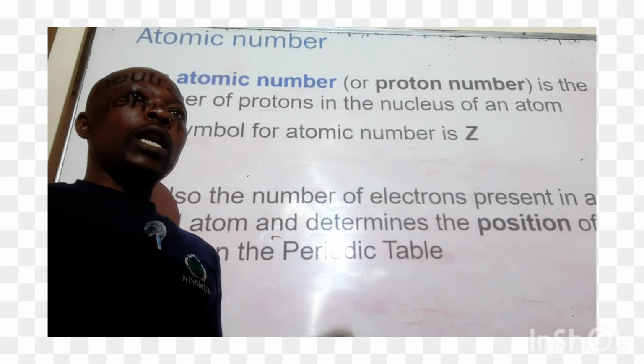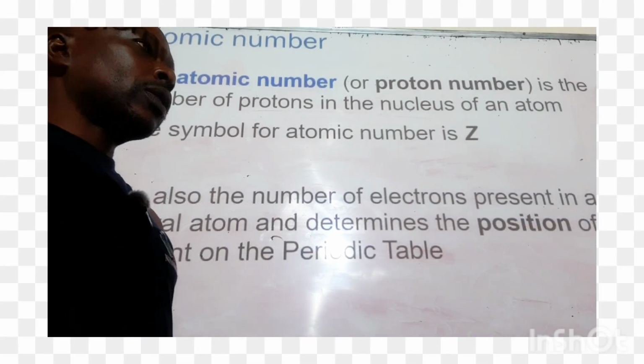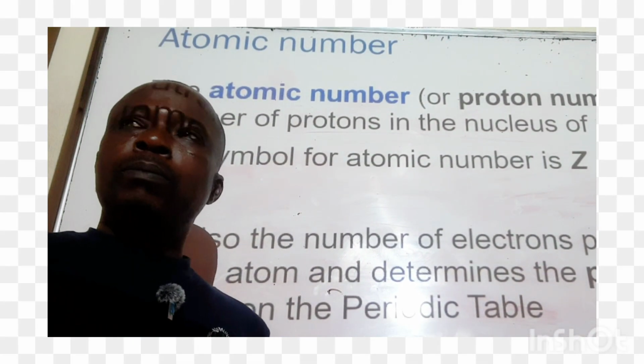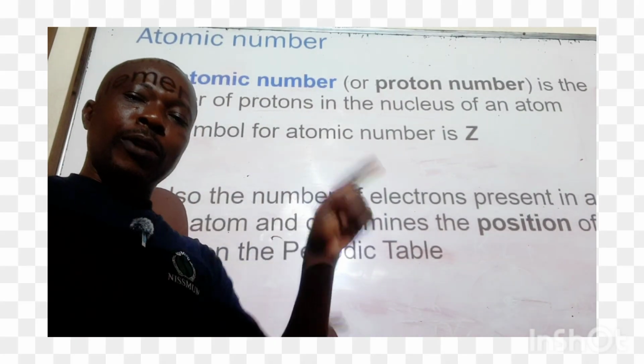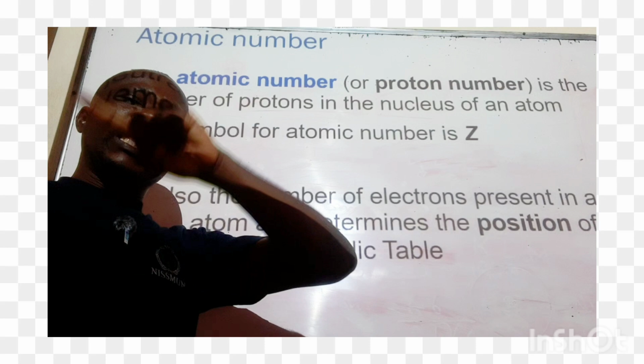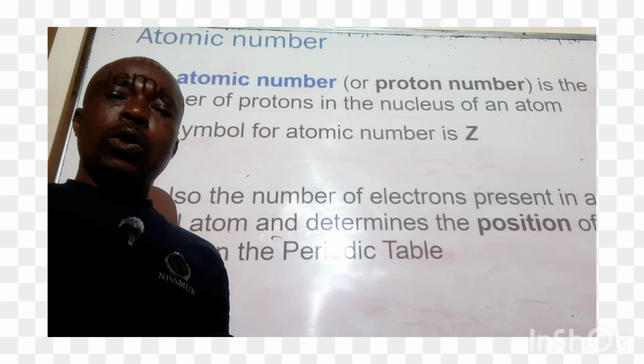The protons are positively charged particles, neutrons have neutral charge, and electrons are negatively charged. The protons and neutrons are found in the nucleus of the atom, while the electrons revolve around the atomic orbital. It moves in an orbital path. It is not stationary.